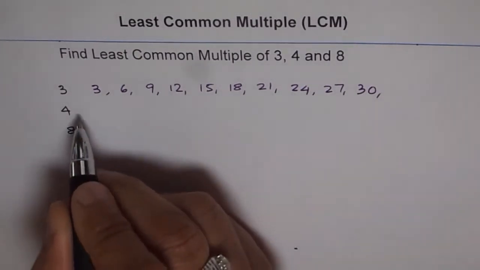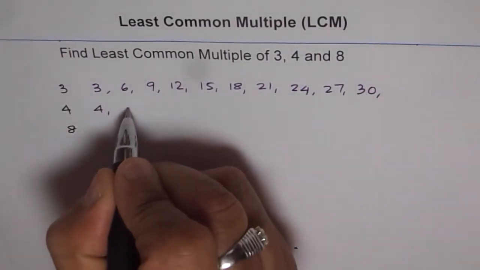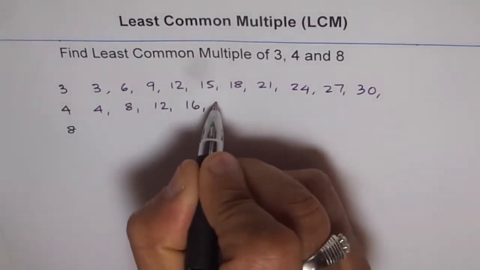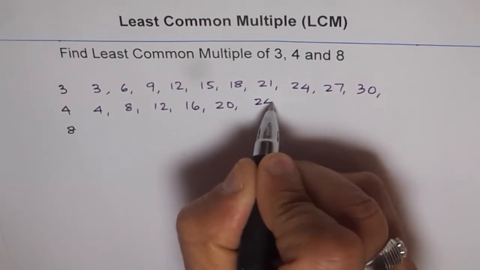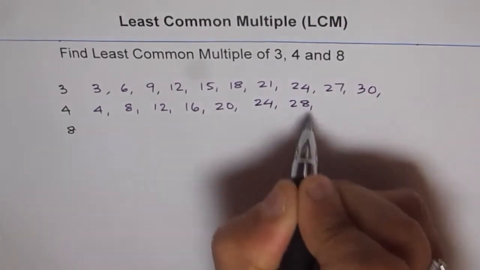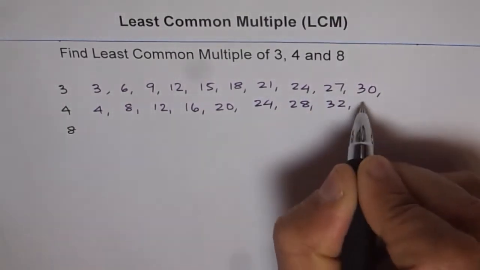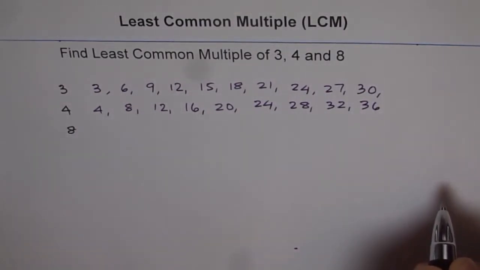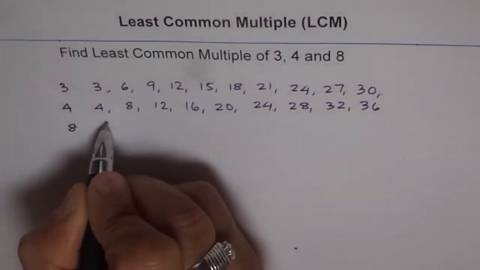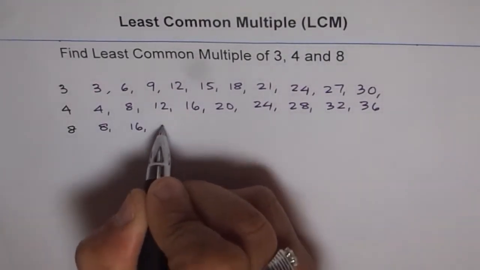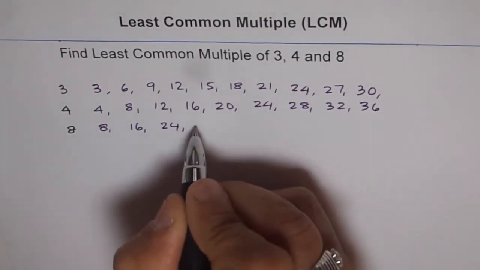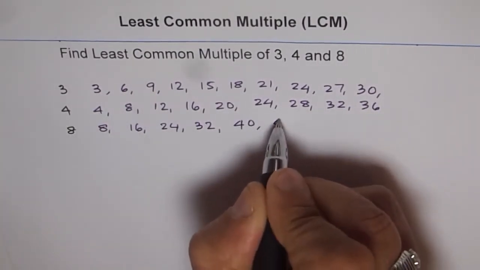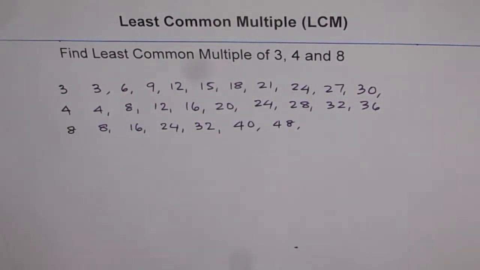Let's write multiples of 4, which are 4, 8, 12, 16, 20, 24, 28, 32, 36 and so on. How about 8? So 8 times 1, 8, 16, 24, 32, 40, 48 and so on.